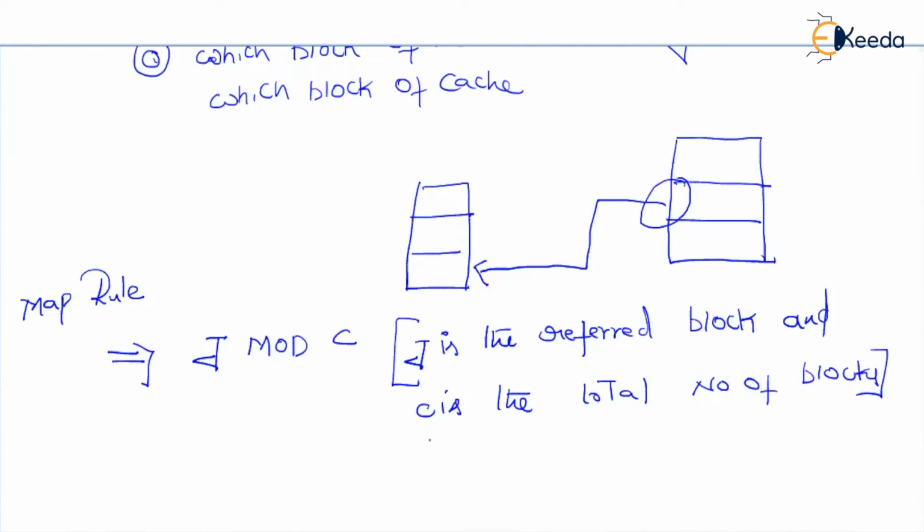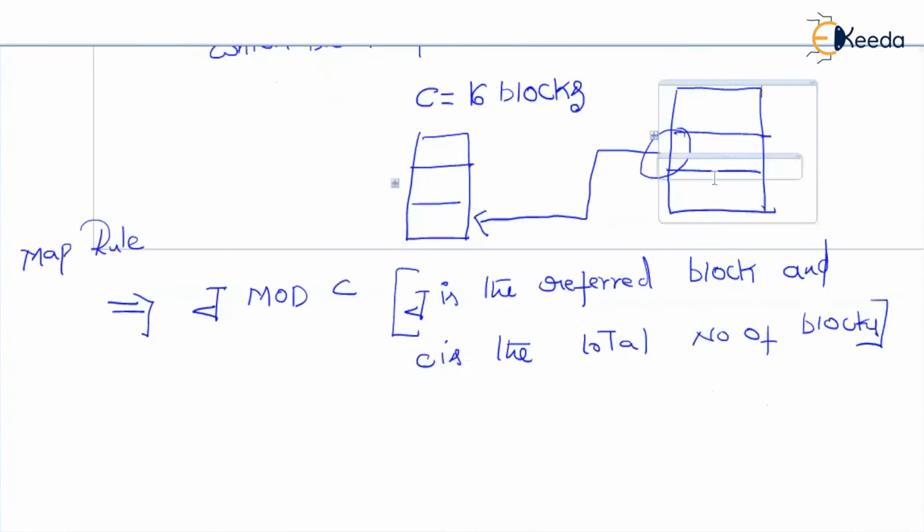For an example, let us say the cache memory is equal to 16 blocks. Now, when you want to have a mapping technique, you need to follow J mod C.